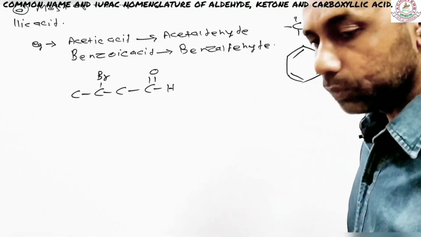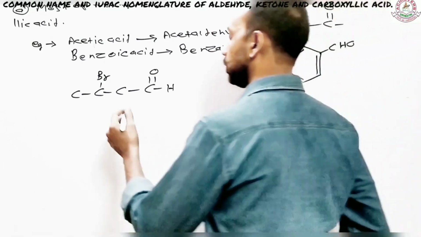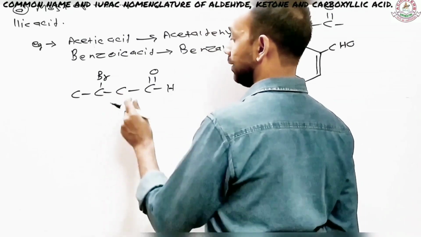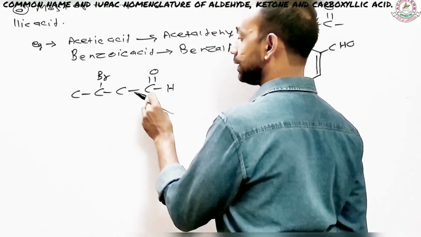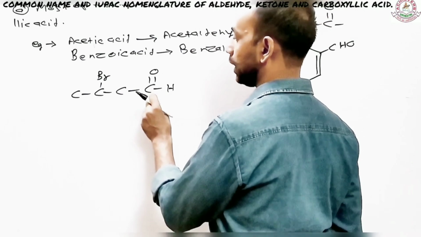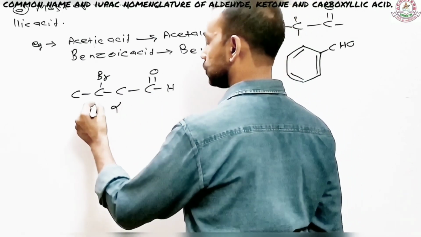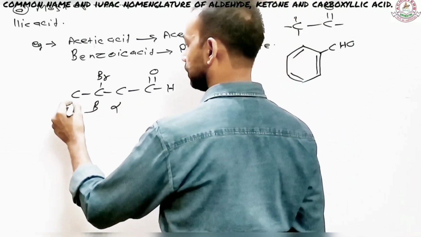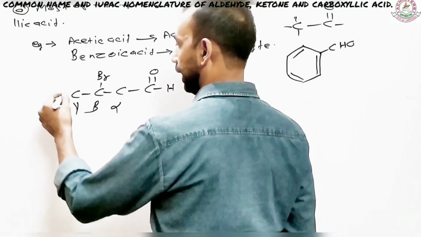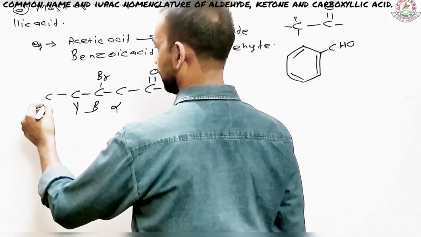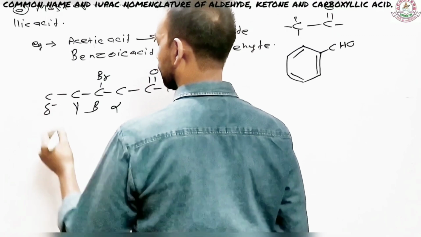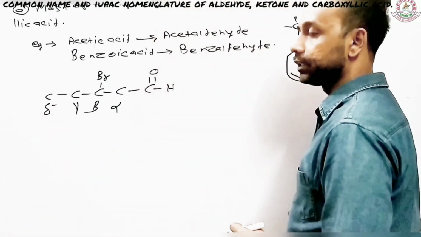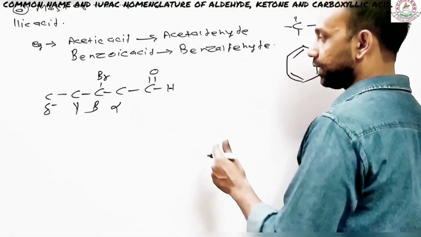What they used to do was number the carbon adjacent to the aldehyde carbon, or carbonyl carbon, as alpha, this one as beta, and this one as gamma. If there was more, this was delta. So this is the Greek pattern of numbering. What can we name it here?